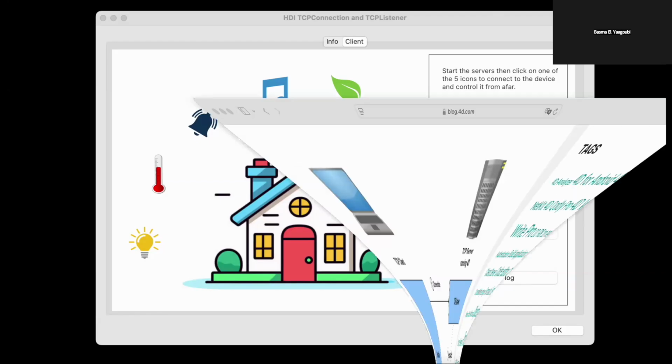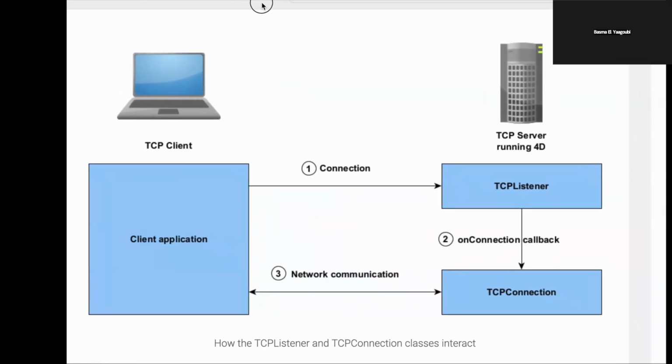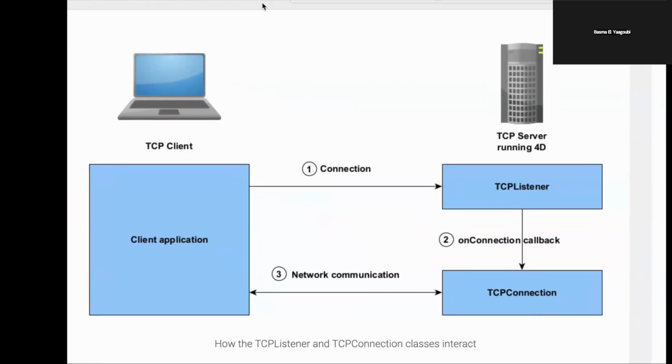First of all, I want to show you this image that comes from the blog post and that explains how TCP Listener works. So we can see on the left a TCP client, so a client who wants to connect with TCP to your 4D application, and here your TCP server, which is running on 4D.